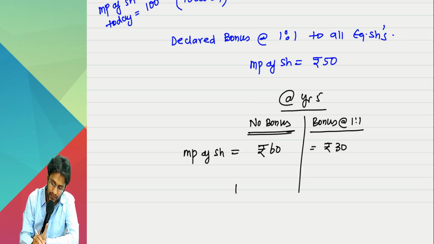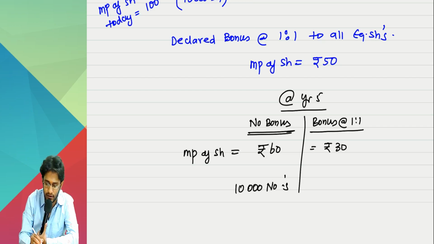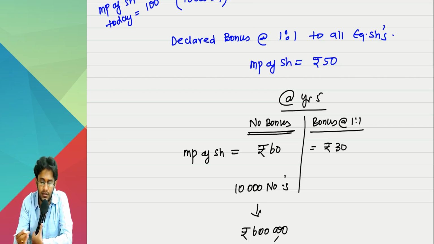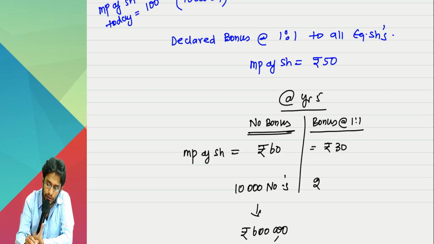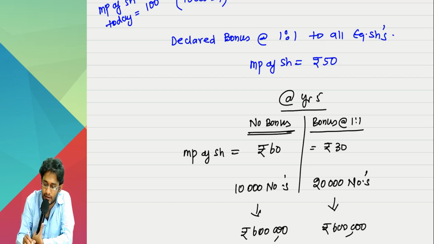When no bonus is there, I should issue how many shares to him? 10,000 shares. 10,000 shares into 60 rupees, the worth of what he is getting is 6 lakhs. If bonus is there, then the share price has fallen to 30 rupees, but I have to extend the bonus benefit to the debenture holder also. So 10,000 plus 10,000, I will issue 20,000 shares. 20,000 into 30, he'll still get 6 lakhs only.